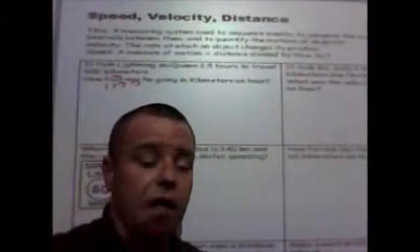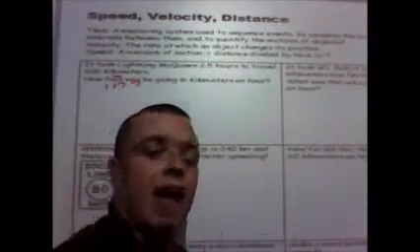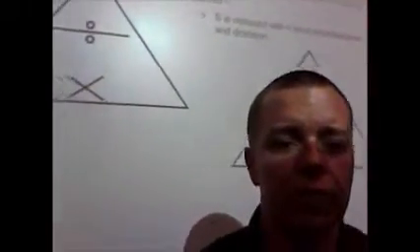Next, we are going to find the velocity of an object. Now, velocity is all that is speed and direction. Speed and direction. So if you look up here, here is what we have.